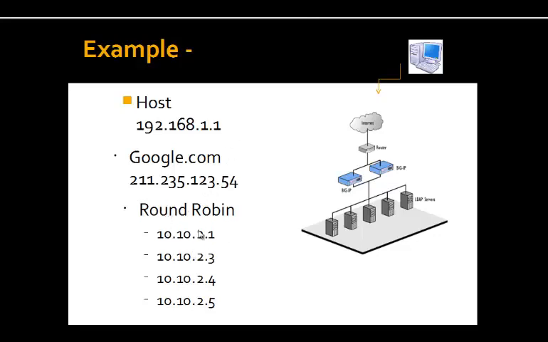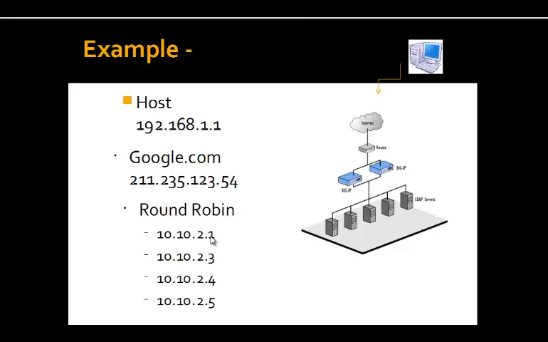And these individual nodes down here would be individual servers or individual devices that have these IPs associated in your network. So server A may be this IP, server B may be this IP, server C may be this IP, server D may be this IP.